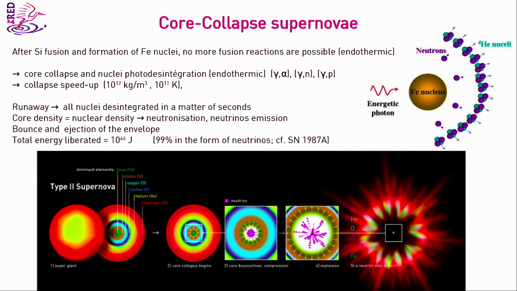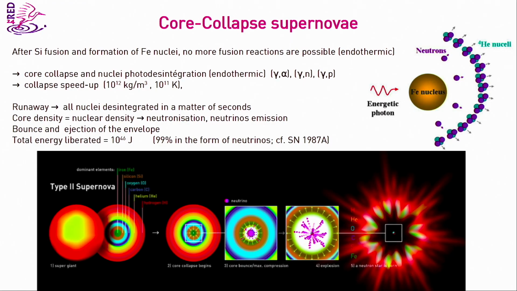You emit lots of neutrinos, and you have a collapse of the core. So you lose lots of energy. Gravity is winning because instead of putting back energy, as when you fuse hydrogen, you consume energy. So you help gravity. Everything is going down in the core, but the envelope is not going down that fast.